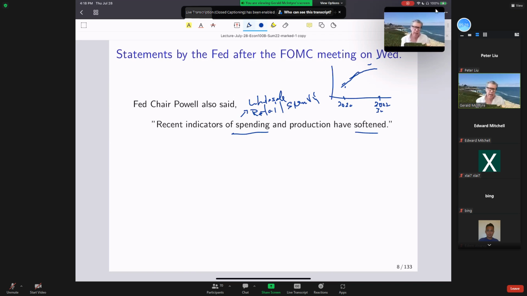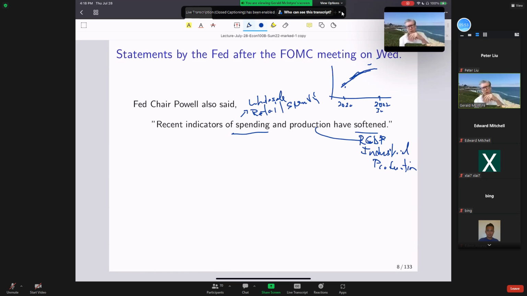Okay, production, of course, is real GDP, but it also is industrial production. Industrial production is also rising at a slower rate right now. Okay, so it's increasing, but at a slower, ever slower rate.